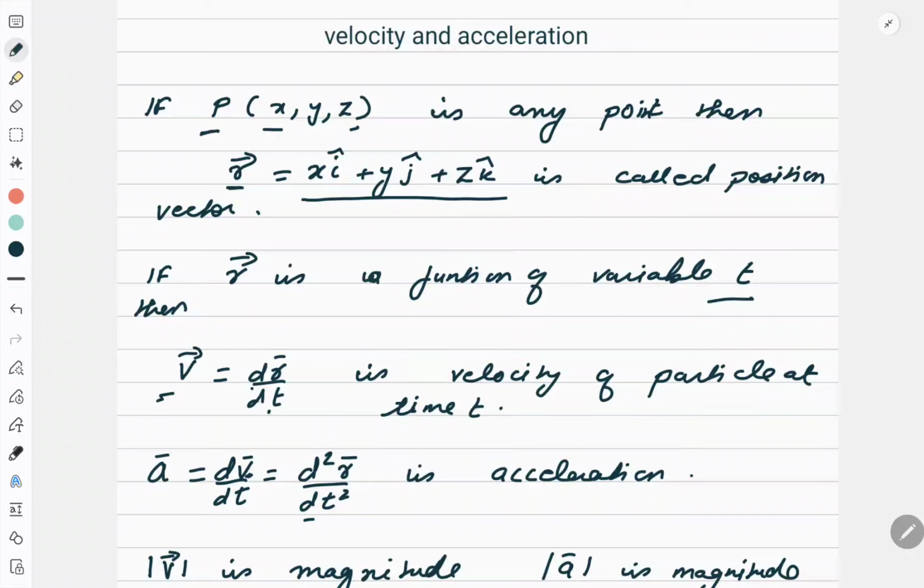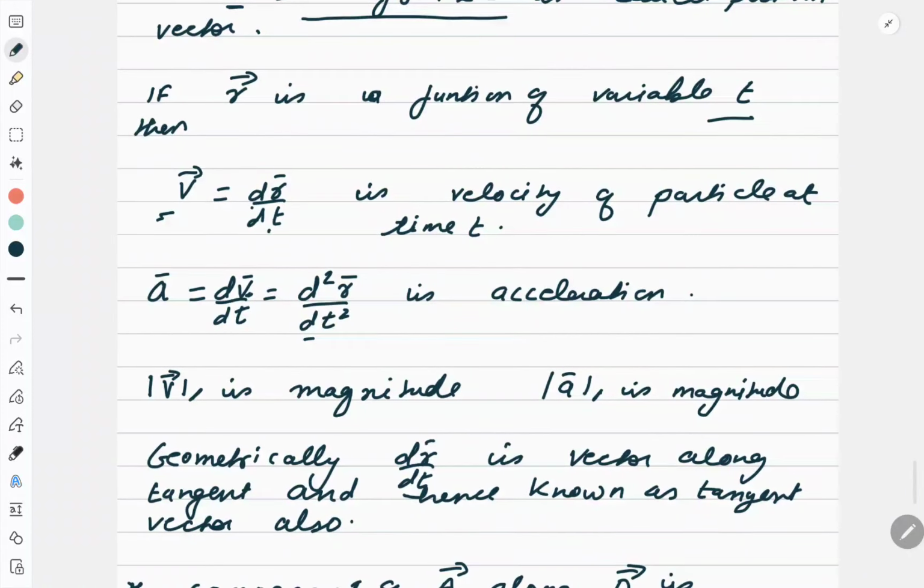Acceleration and velocity both are vector quantities, right? So now when you take the magnitude, magnitude of velocity is represented like this and magnitude of acceleration is represented like this. And we all know how to find out the magnitude of a vector. Geometrically, this dr by dt is a vector along the tangent and hence is known as the tangent vector also. So what type of question can I frame here?